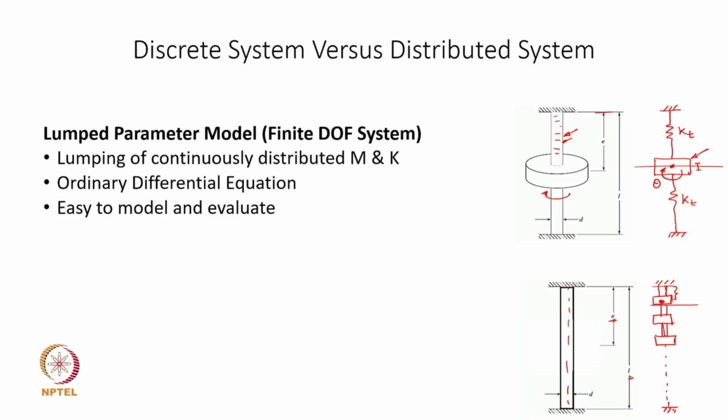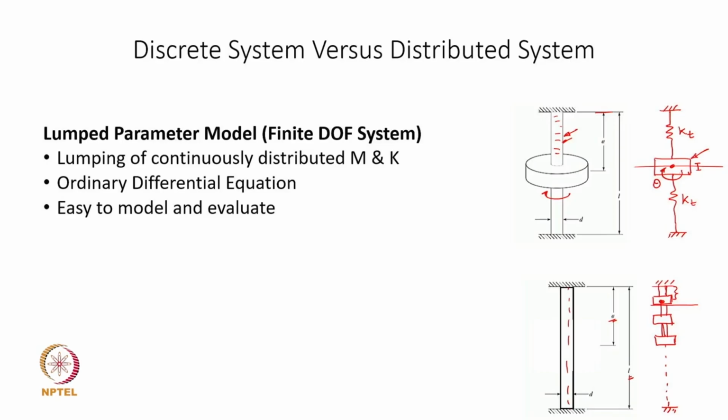As long as you don't compromise much on the accuracy of the estimate of the response, there is no point in making the system too complex. So most of the time, mechanical vibratory systems can reasonably be modeled through a lumped parameter model, and initial level estimates can easily be obtained.